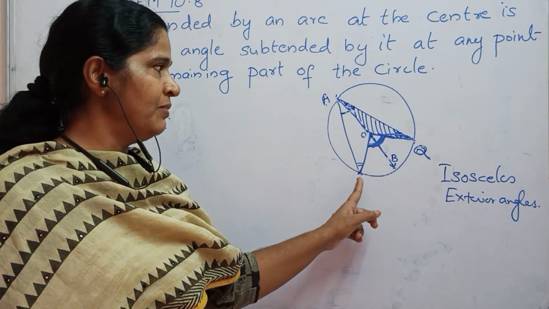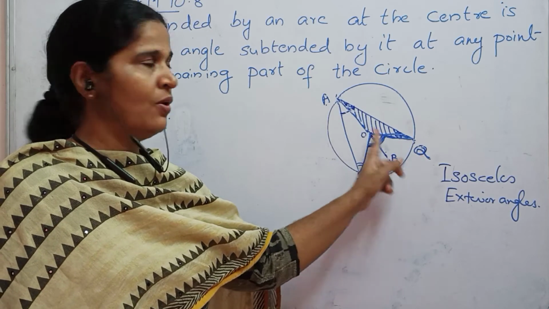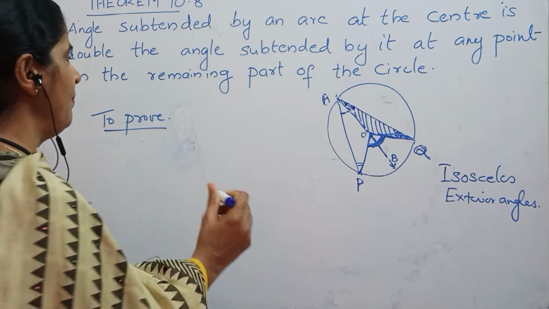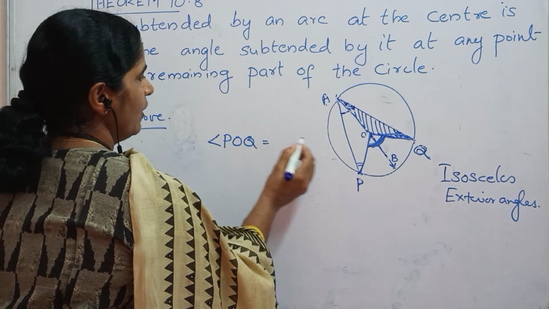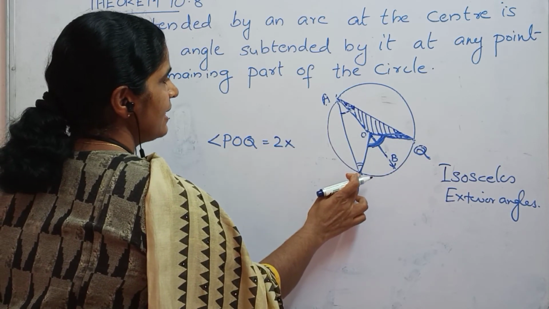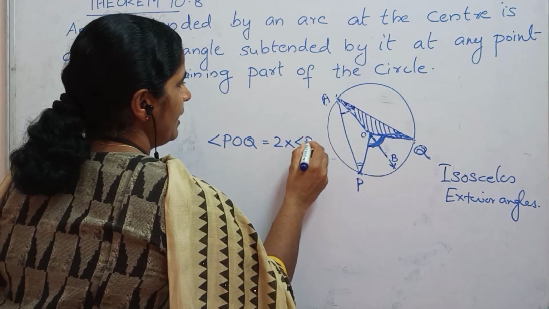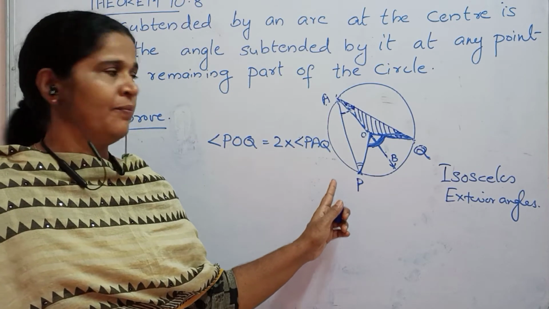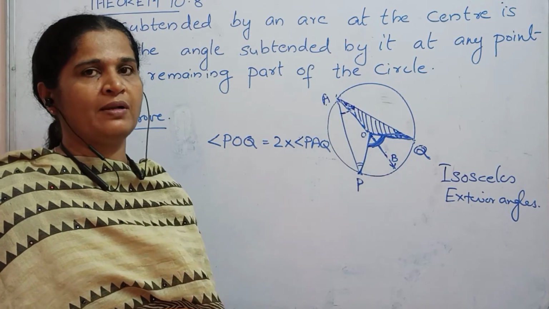So the relationship between POQ at the center and PAQ on the remaining part of the circle is that angle POQ at the center is always 2 times the angle PAQ subtended by the same arc.